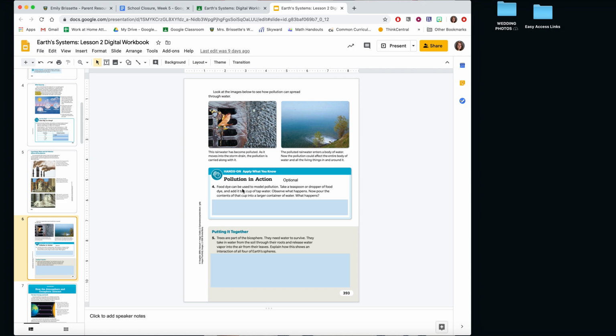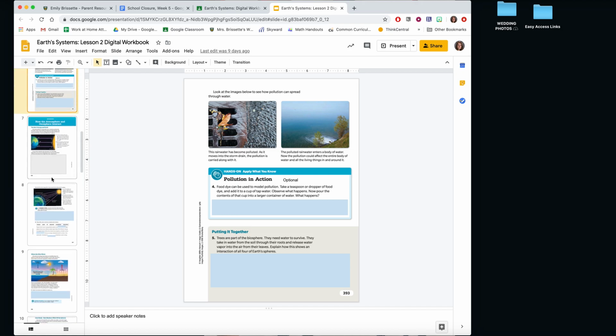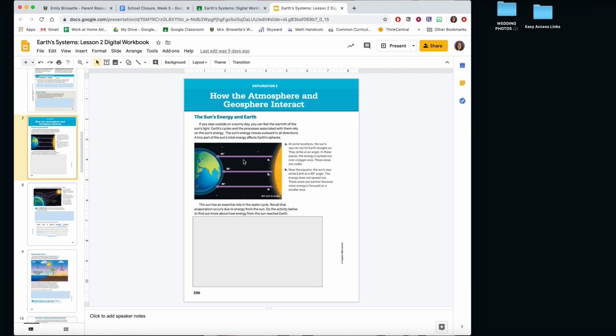This says optional, so if you want to do this about pollution, you can. If you do not want to, obviously optional means you don't have to. There's a written response on this one. And slide 7 is just reading, because this isn't blue, so you don't have to type in it. It's just to block out what's underneath. That's all you have to do for science today.